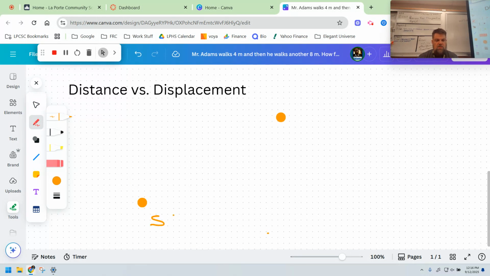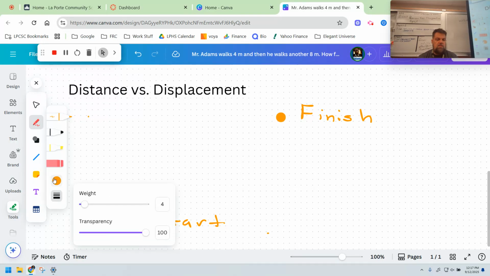So I'm going to start here. And this is where I'm going to finish. So I'm going to go for a little walk. Okay? So there's two different things. The first thing I'm going to talk about is distance.